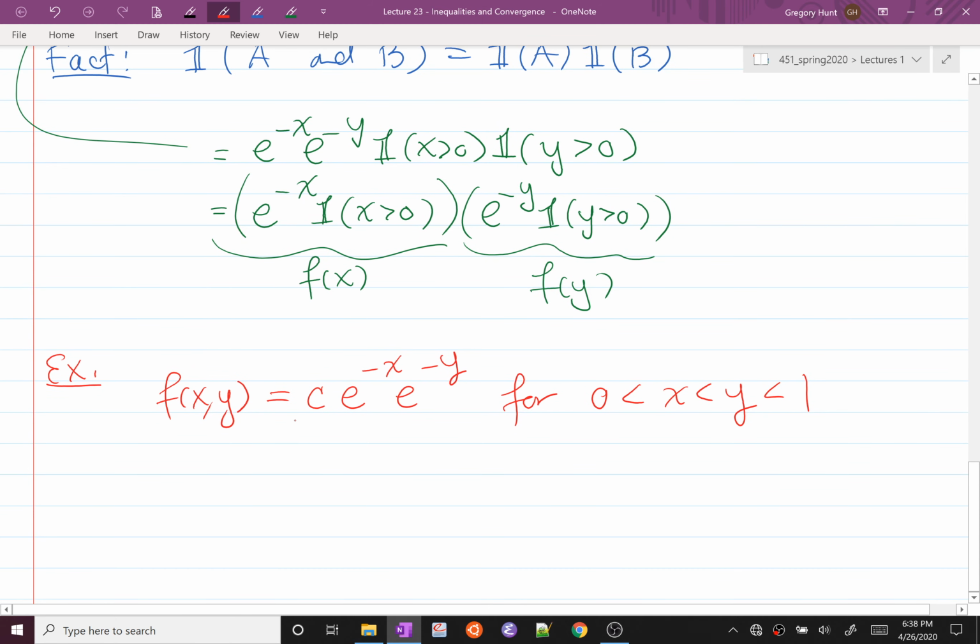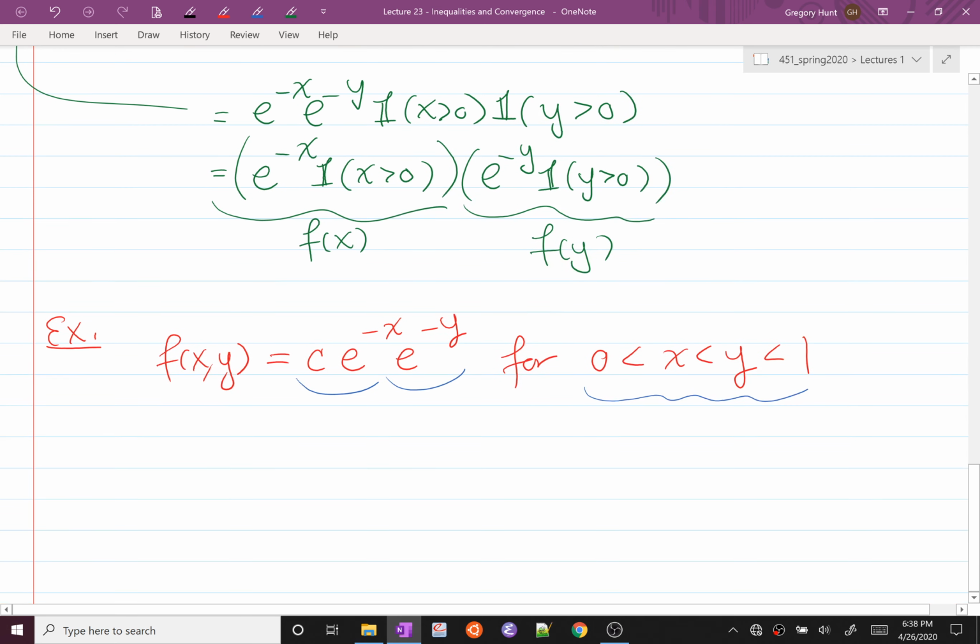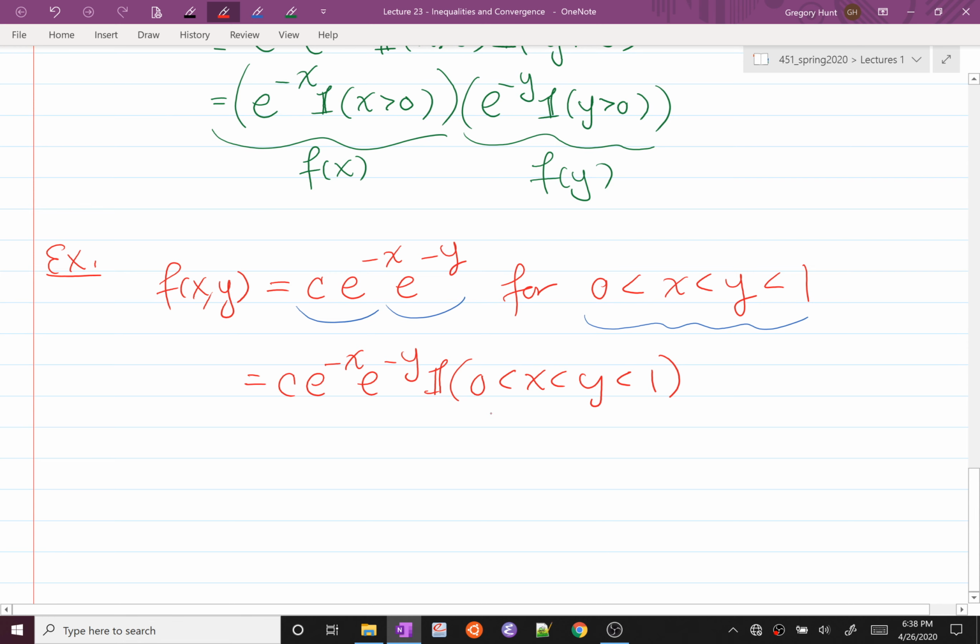Now you still might think, oh, I can factor it into e to the negative x and e to the negative y, and so x and y with this joint PDF should be independent, but can I factor that support? And the answer is no. One way to see it is that if I wrote my joint PDF using an indicator function, indicator 0 less than x less than y less than 1, there's no way to factor this indicator function into a product of an indicator function involving just x and an indicator function involving just y.